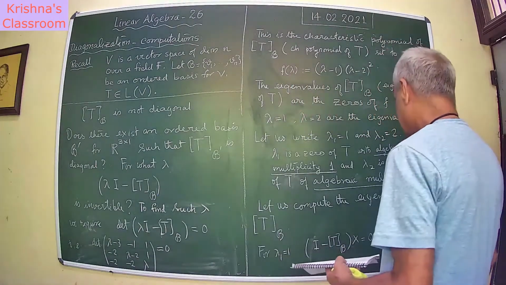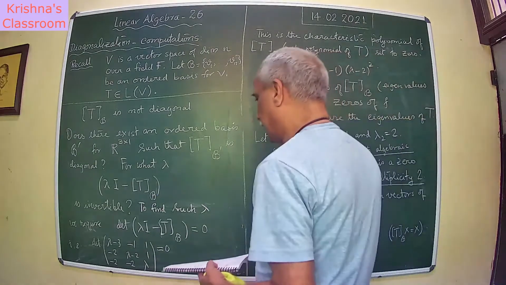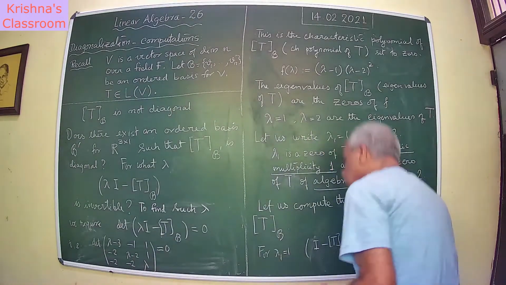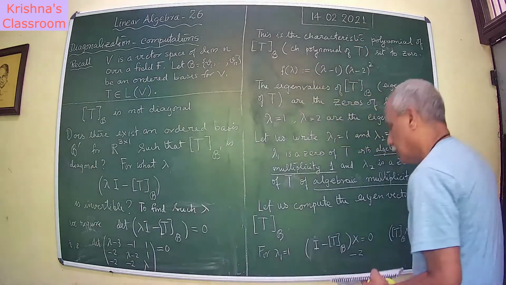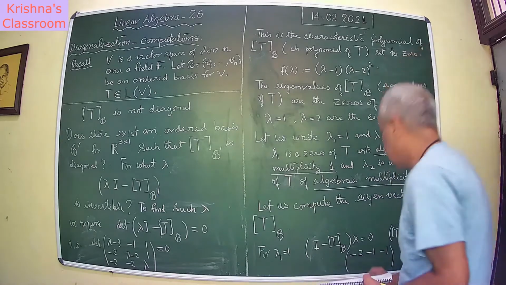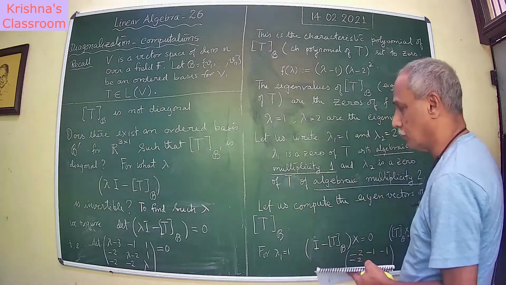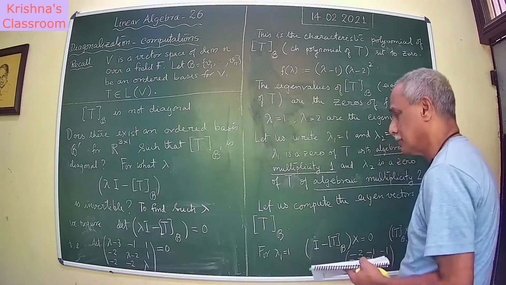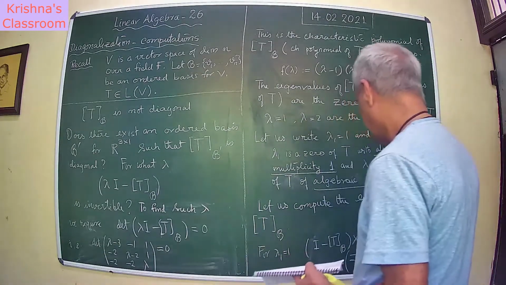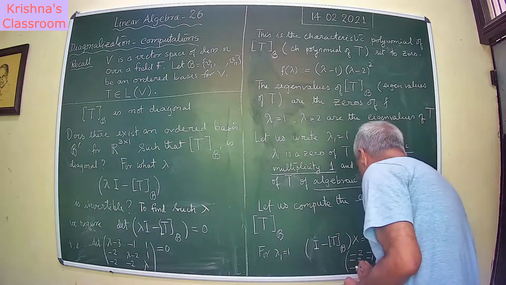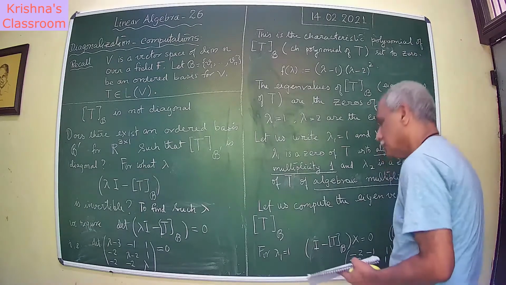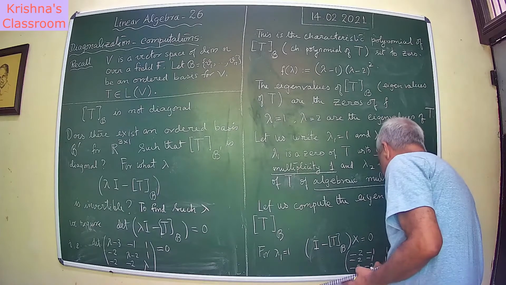In that case, you are taking lambda 1 equal to 1, so you get minus 2, minus 1, minus 1, then minus 1, 1, and then minus 2, minus 2, 1.